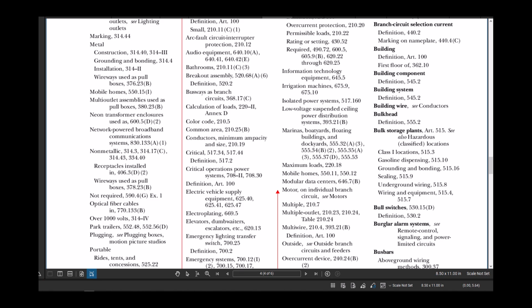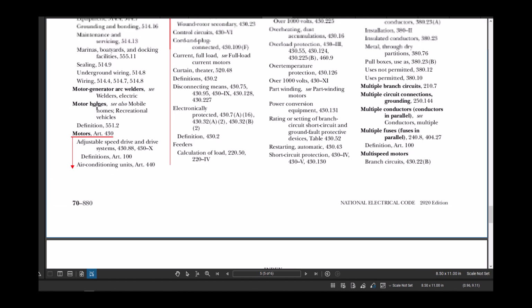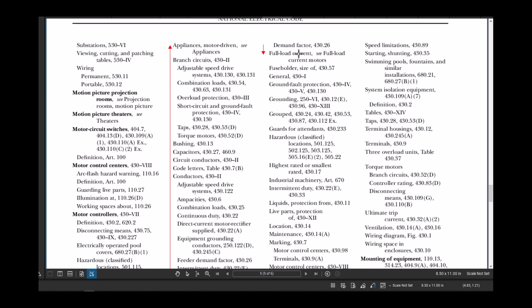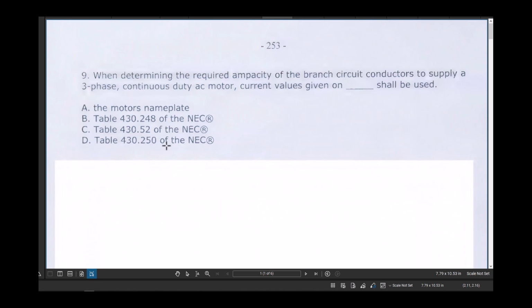Then we go to the motor section, where we look for full load current, again referring us to see full load current motors. When we go there, in the full load current motors 3-phase, Table 430.250, which is the same, when we go back to the answer, D is the correct answer.